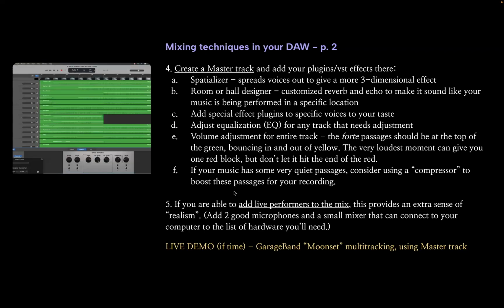If you sing bass or soprano or alto or whatever, get in there with your microphone. You can adjust your own volume, but it just adds a touch of realism. If you play an instrument that happens to be in your piece, do that part live, record that part yourself, and it really enriches the sound.